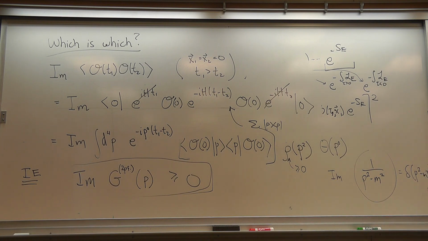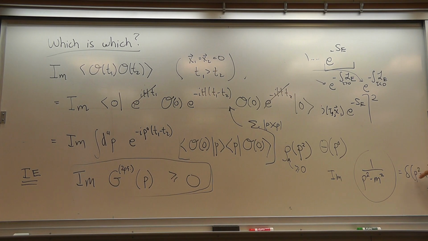So when you have the exchange of a particle of mass m, that gives an imaginary part, which is a delta function at the mass of that particle. So in a theory with exactly stable massive particles, it's true that the imaginary part of the Green's function is the spectrum. It's the spectrum of particles being exchanged, in this case just the delta function.